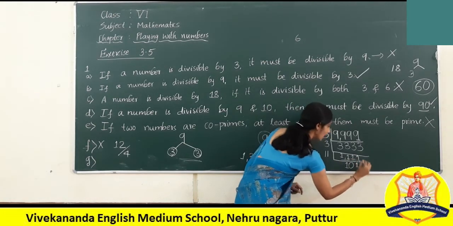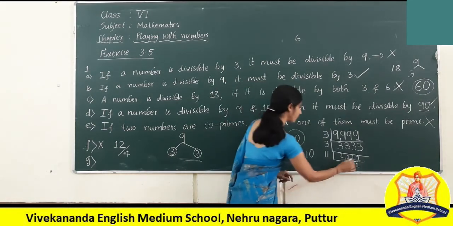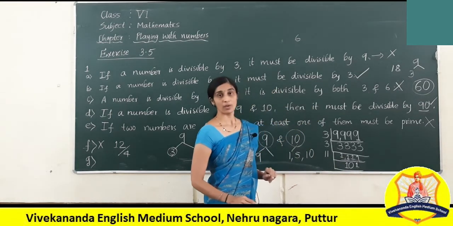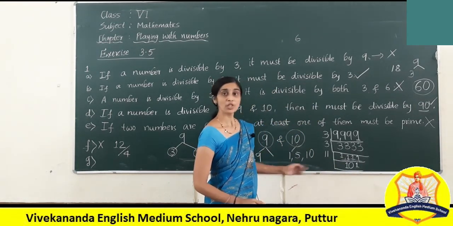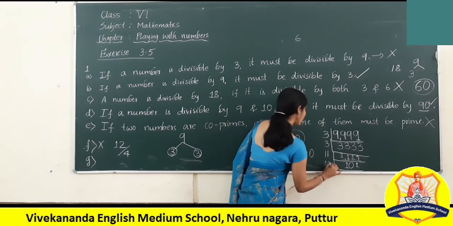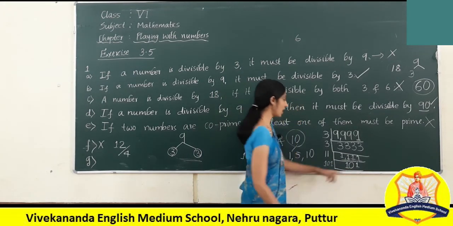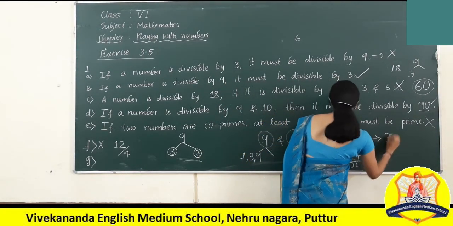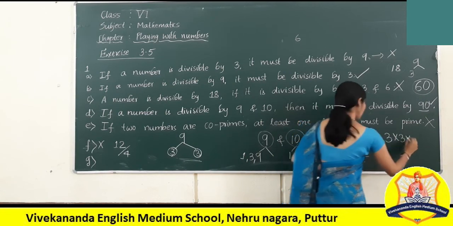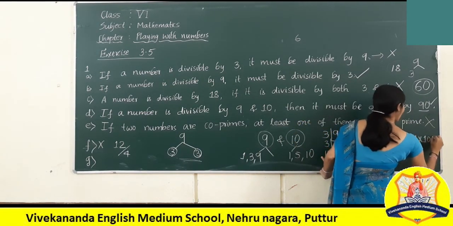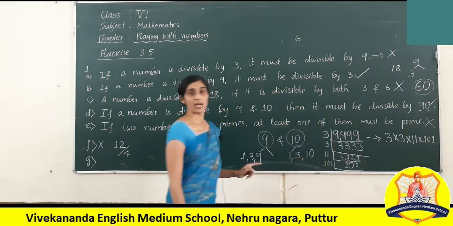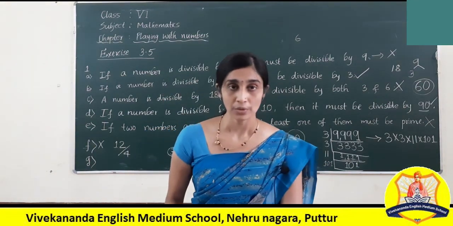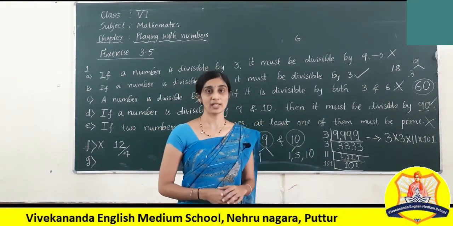Again 11, 11 ones are 11. Right? Okay, 101. 101 is a prime number. So I should end here. 101 ones are 101. Right? So I should stop here. So the answer is 3 into 3 into 11 into 101. This is the answer. I hope you have understood and try to do the next problem by yourself. Thank you, children.